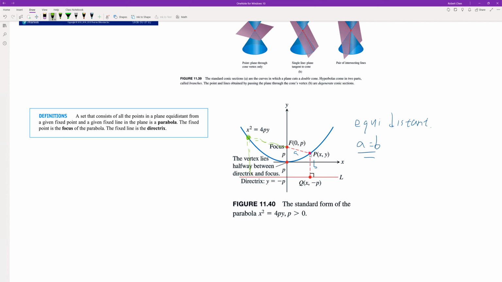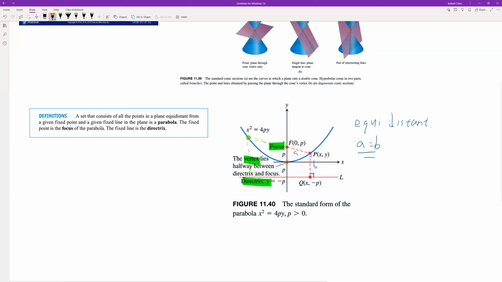The three main points on a parabola: first the focus, then the directrix, and then the vertex, which is either the lowest point or the highest point of the parabola.